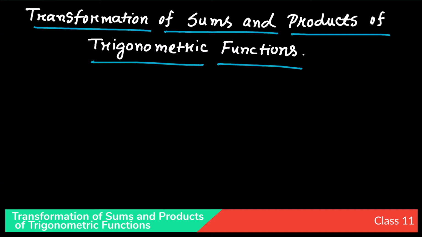In the last class we have completed the chapter Trigonometric ratios of compound angles. So today we will do the transformation of sums and products of these trigonometric functions. This chapter deals with the formulas of transforming the sum or difference of only two sines or only two cosines into a product of two sines or two cosines or a pair of sine or cosine.